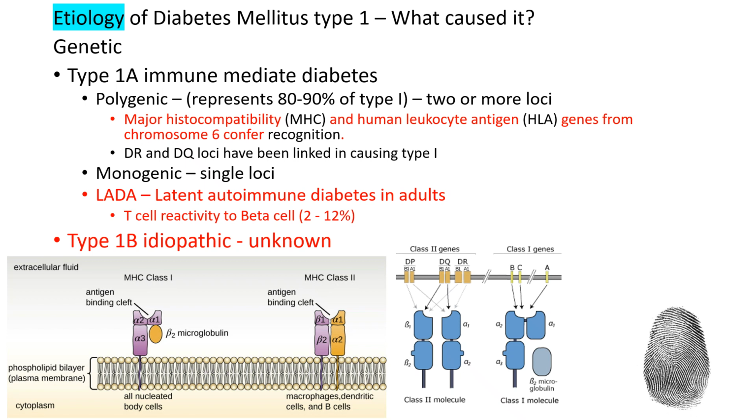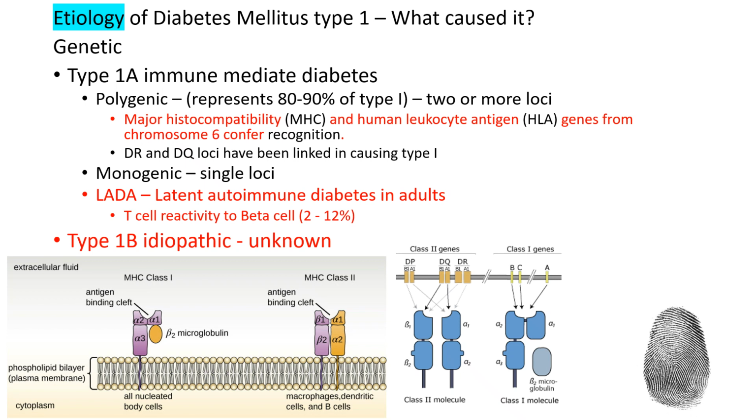Type 1A can be further separated into polygenetic, monogenetic, and LADA. So let's just look at the first two. Polygenetic. This means you have two defects, two genes, and the gene is at a location. So two locations are messed up, two or more. So that's polygenic. Whereas monogenic, only one location is messed up.